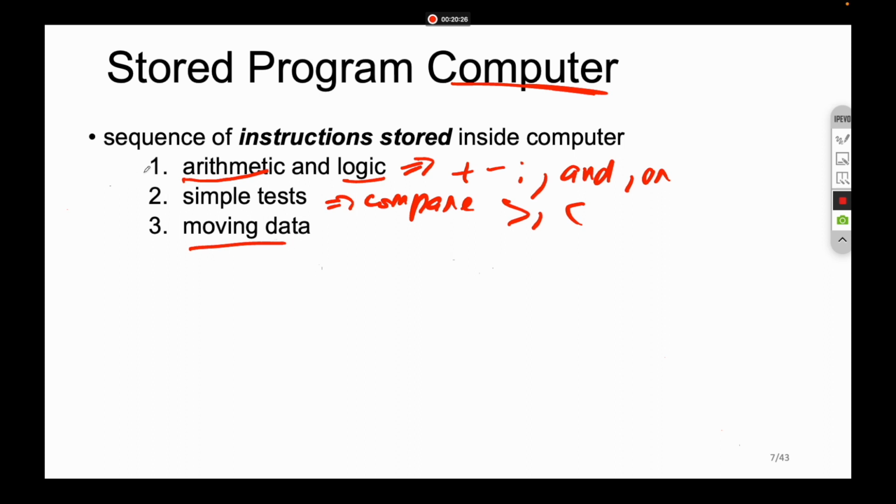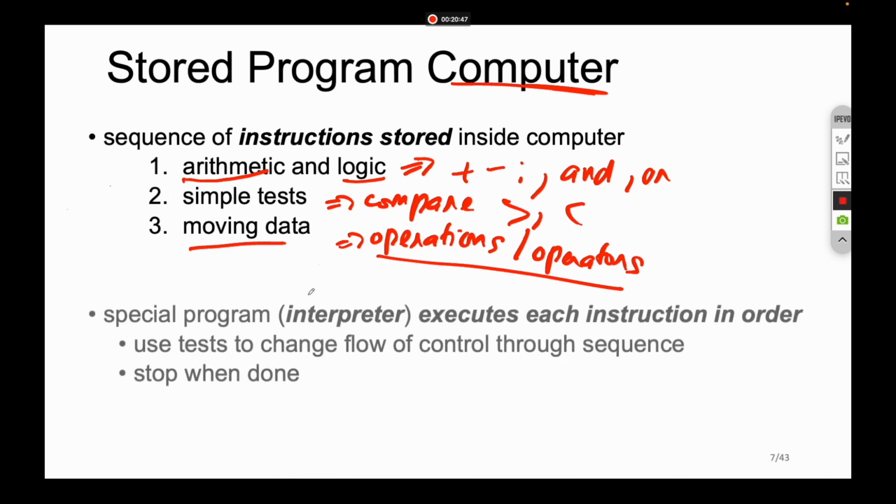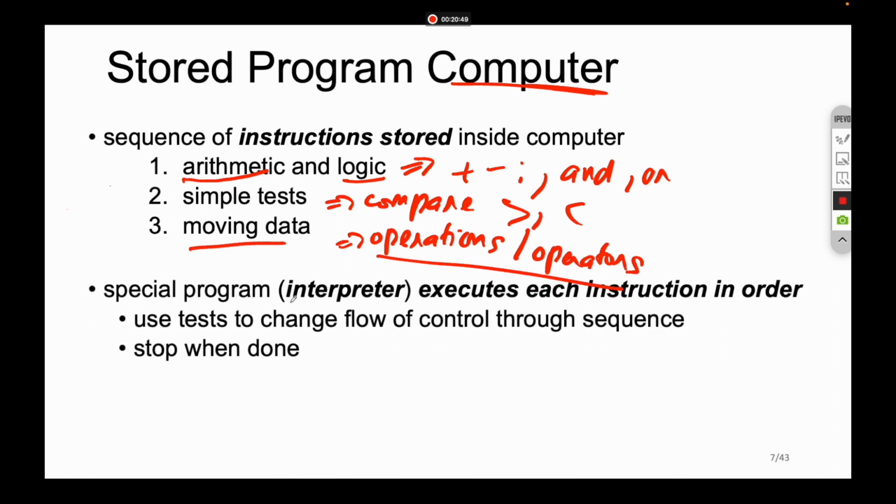But actually they have to do with 3 kinds of operations. You should get familiar with operation and operator. We will discuss this later, so don't worry. In your computer, we have a very special program we call the interpreter.